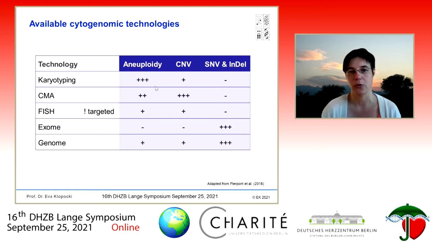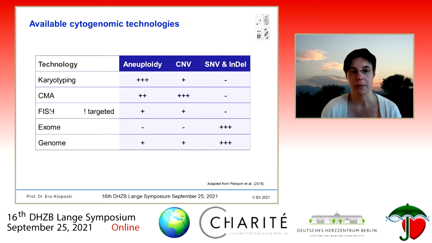Karyotyping is focused mostly on aneuploidy and larger CNVs. The chromosomal microarrays are pretty good at aneuploidy and copy number variants, but both these methods do not detect single nucleotide variants or indels. This is actually what's been done by next generation sequencing. And as I already said, genome sequencing is catching up, but it's not in routine diagnostics currently.